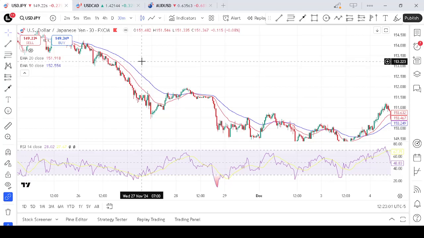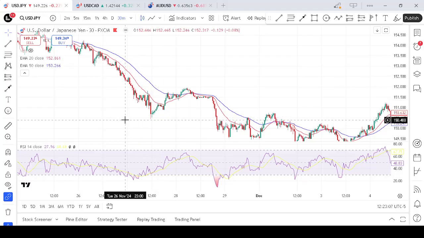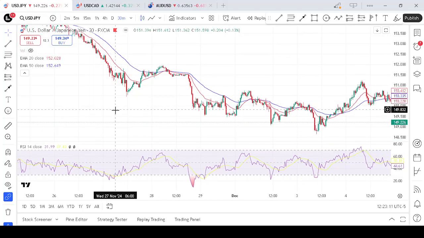Remember, successful trading isn't about watching the chart all day. It is about making smart and calculated decisions when the right opportunity presents itself. The 30 minutes time frame gives you exactly that advantage. Now let's look at a step-by-step trading strategy.